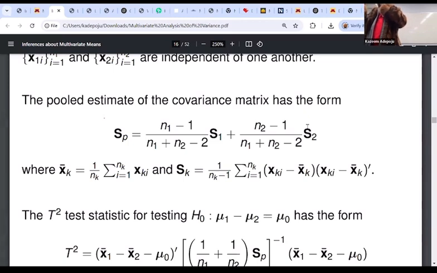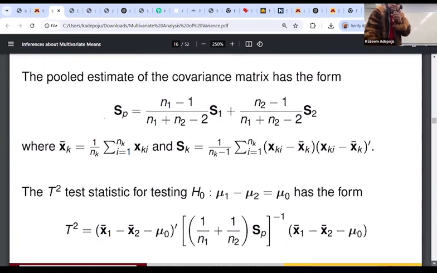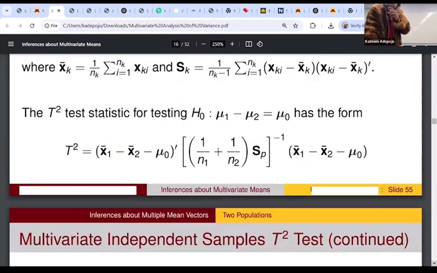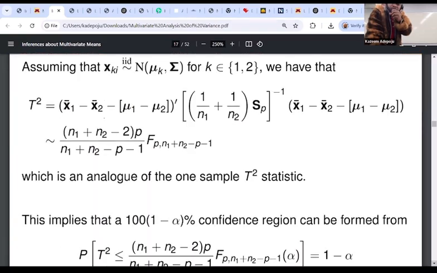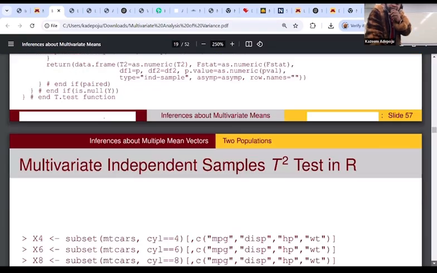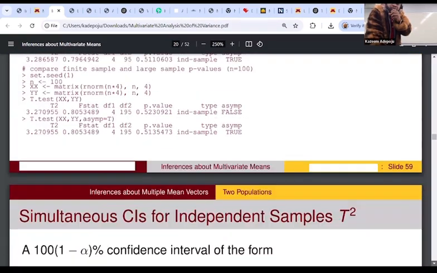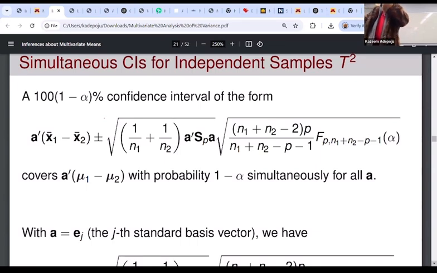When they are the same, we're going to make use of this particular formula that I'm showing you here to test hypotheses, and of course to also construct a confidence interval, to conduct statistical inference in general. You can see the confidence interval formula and the test statistic formula involve a pooled covariance structure.